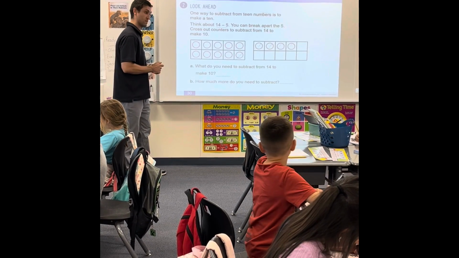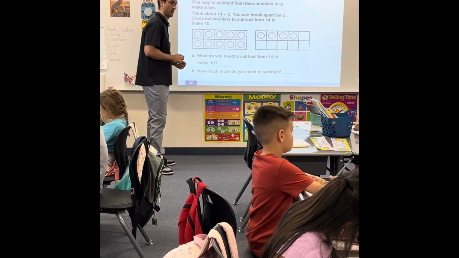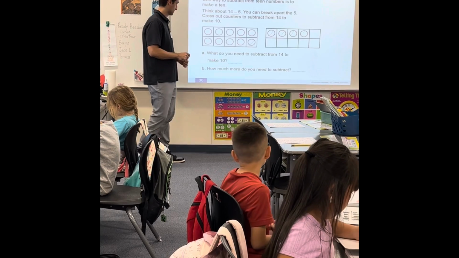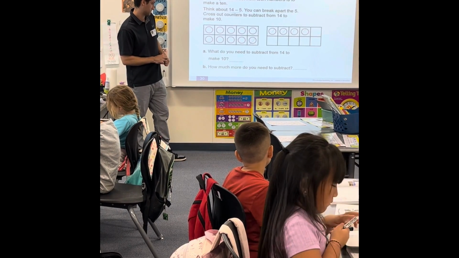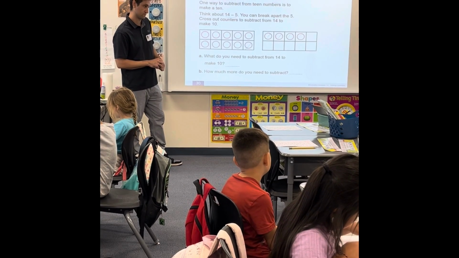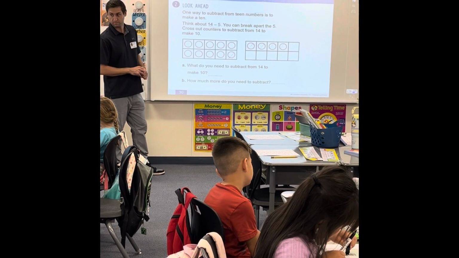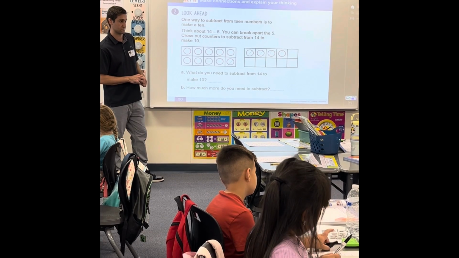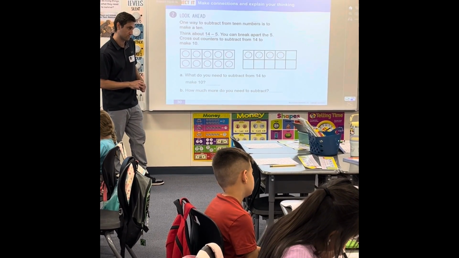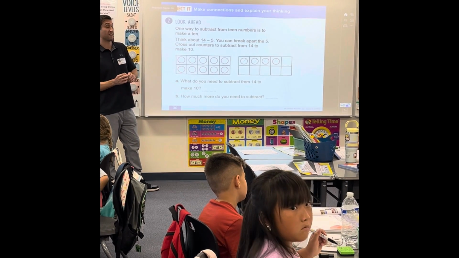Taylor, do you have your explanation of how to do it? To subtract 4 to make 10, and then to subtract 5, subtract 1 more, and it equals 9. That is excellent.